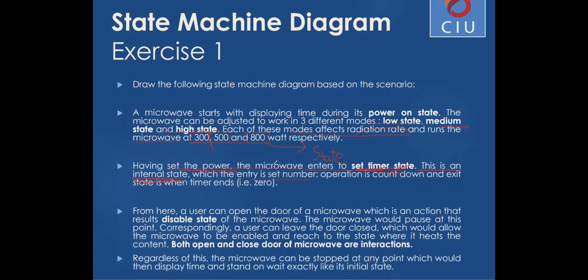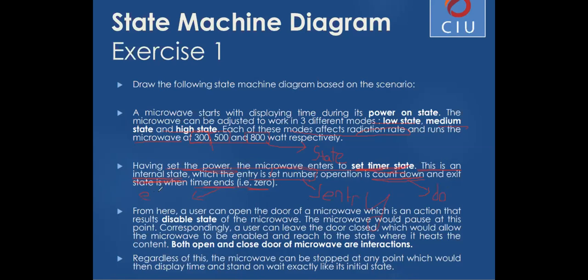The operation is the countdown operation, which is going to be the do. And the exit is when the timer ends, when the timer is 0. So this one, set number, is the entry. This one, countdown, is the do. And this one, the timer ends, is the exit.